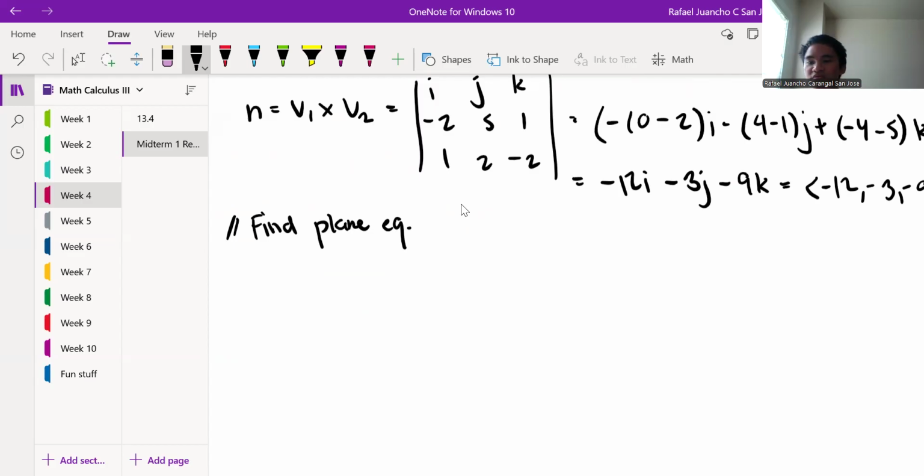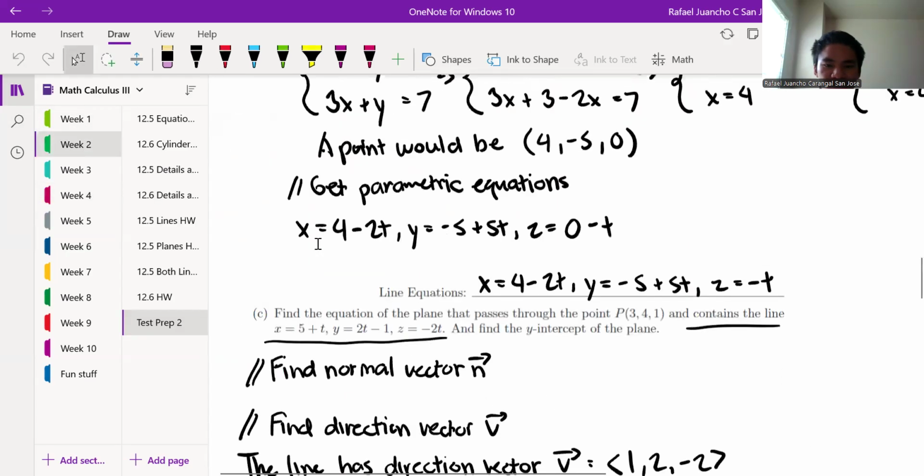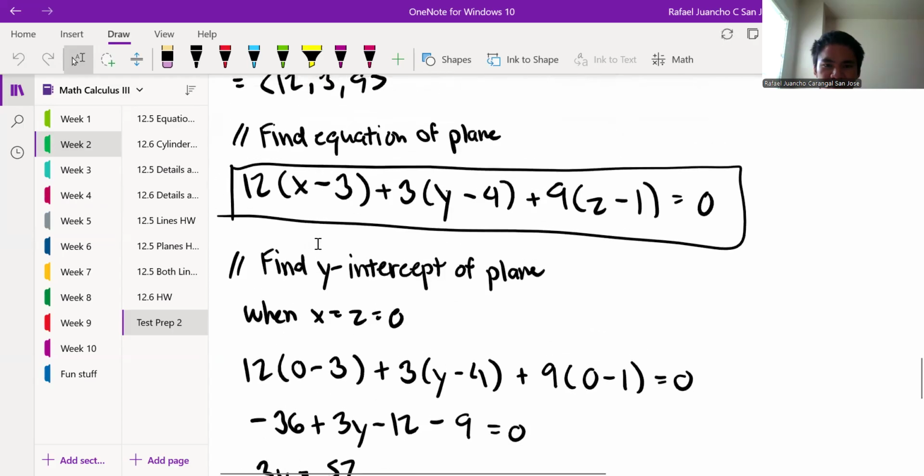Oh yeah, I need my normal vector. And I need my initial point. Oh crap. So it's gonna be x. I multiply it with, I hope I got this. If not, I need this in my cheat sheet. Yeah, I need this in my cheat sheet. I totally forgot what the plane equation is.